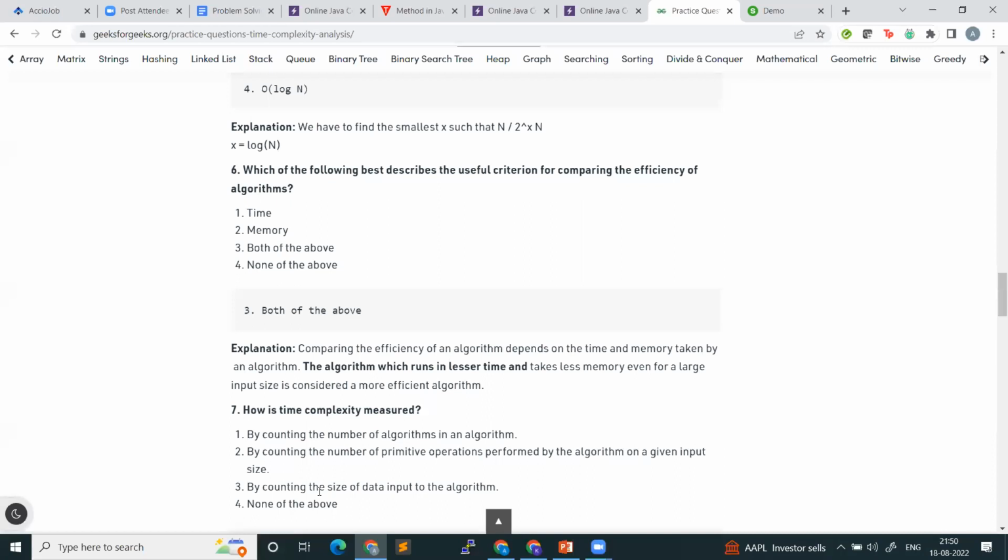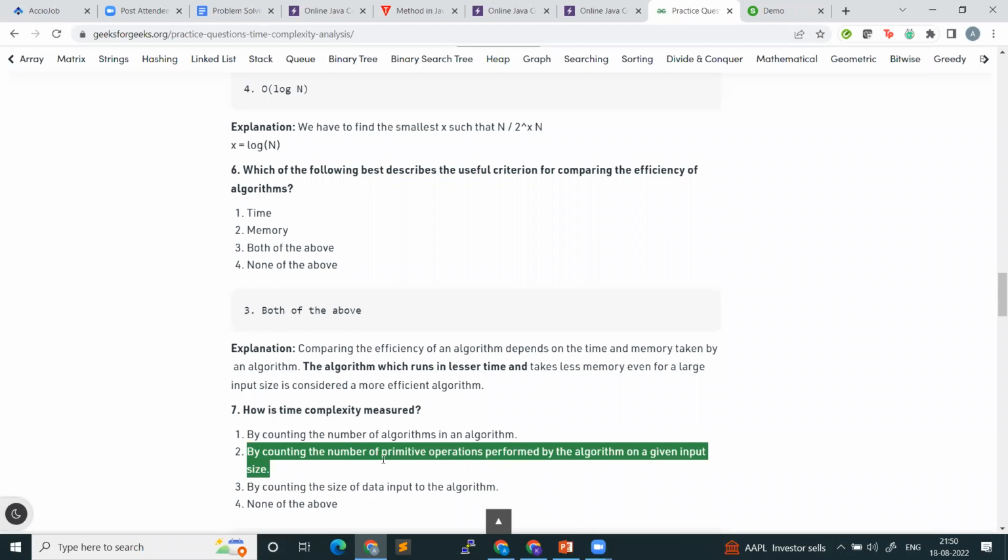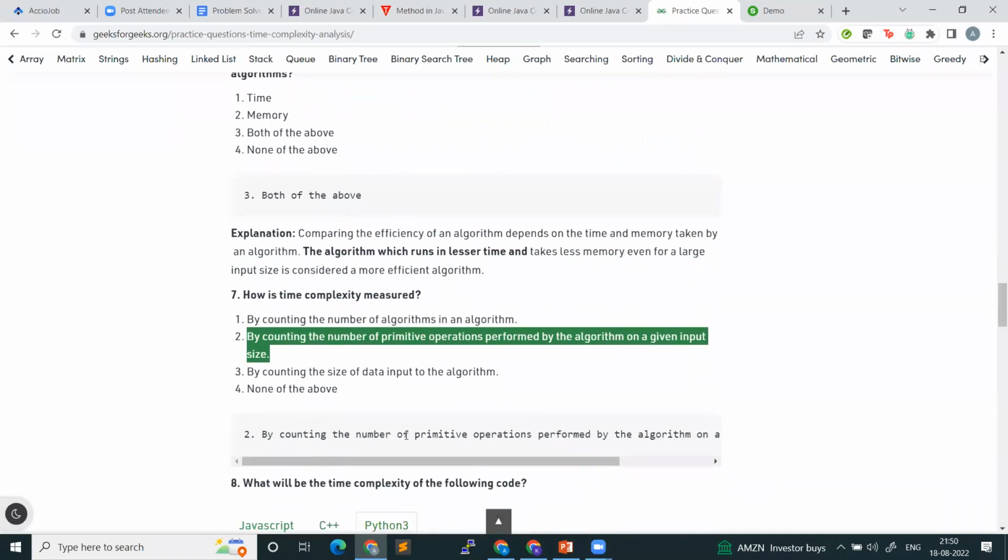Okay. We don't count the size of the data, right? We see that as I change the input, how is the number of operations changing? So option number 2 is correct. By counting, because the number of operations that you perform, that will directly affect your time.